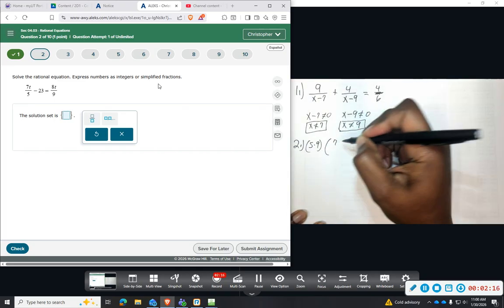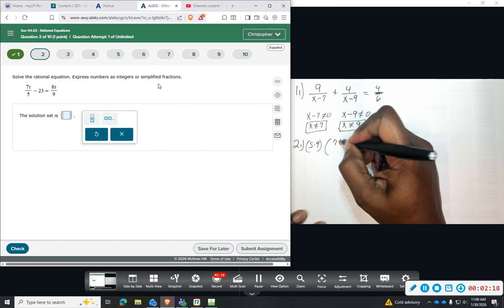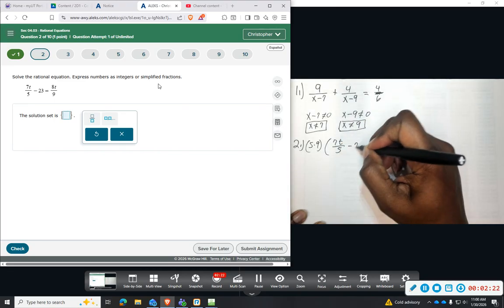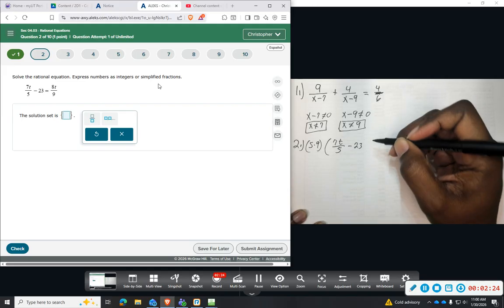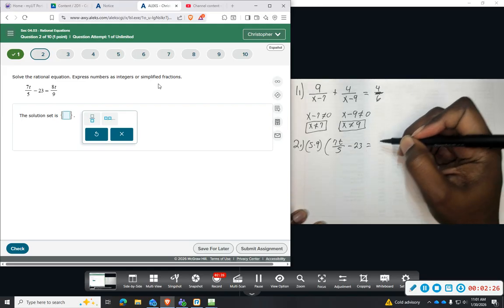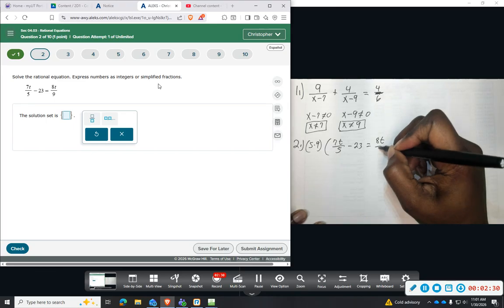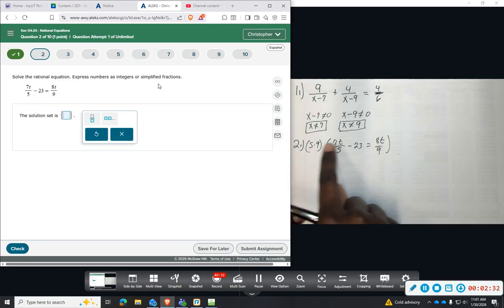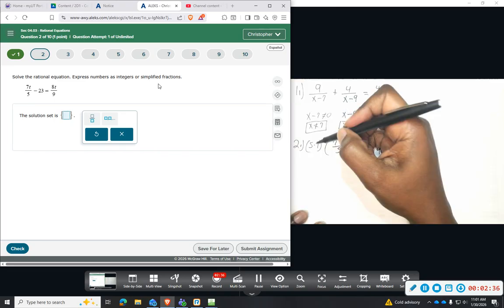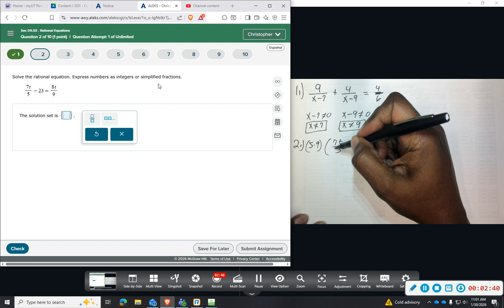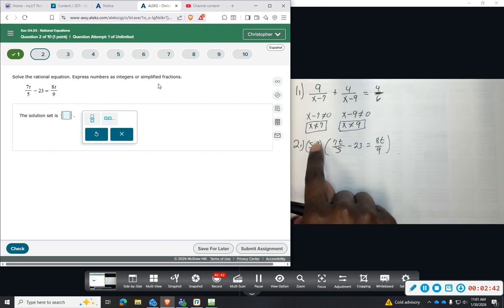So we have 7t over 5 minus 23, and that equals 8t divided by 9. I'm multiplying everything by 5 times 9. The reason I did that is multiplying by 5 will get rid of the division by 5, and so what I'm really doing is multiplying 7t times 9.